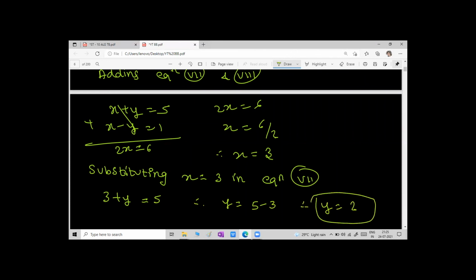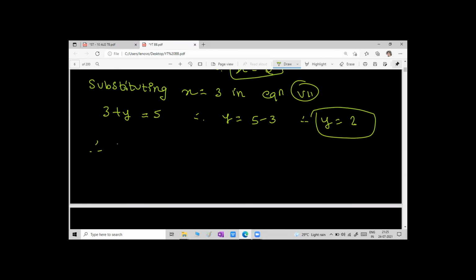Finally I got the value of x and the value of y. So what were the values of x and y? Therefore x comma y is equal to 3 comma 2 is the solution. And we complete our question.